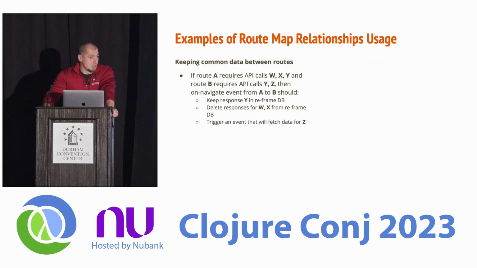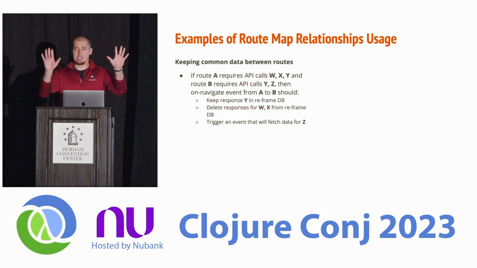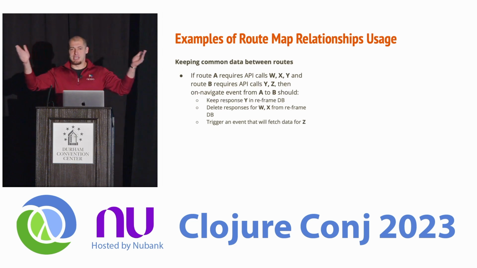This kind of approach solves a lot of interesting challenges from the technical side, almost by accident. First, imagine the situation when you have two screens and they share some data needs. One screen requires 10 different API endpoints, second one requires 7, and they have an intersection of 5 different API endpoints.